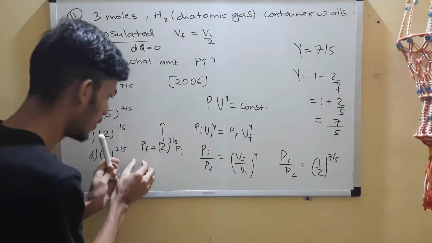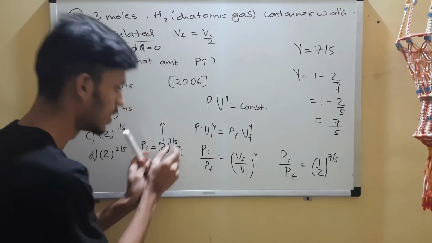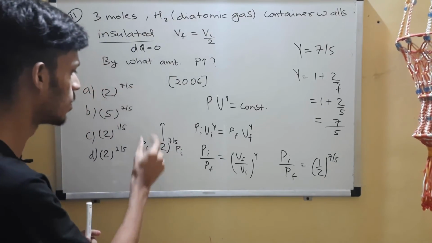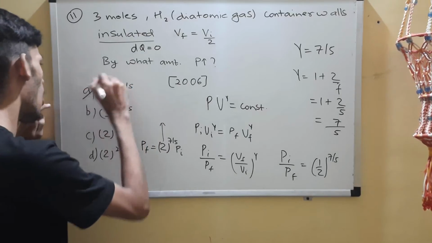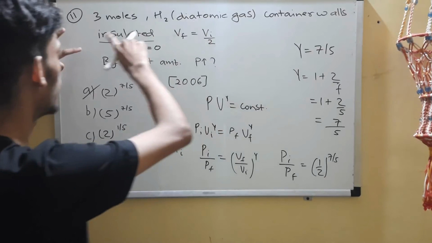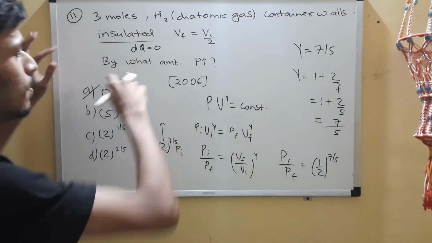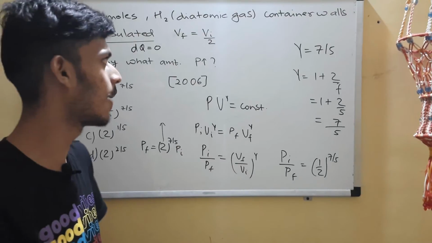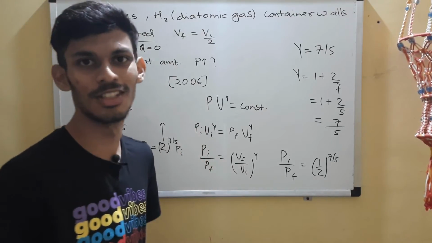Final pressure is this much times the initial pressure, so it has increased by 2 to the power 7 by 5. Option A is the correct choice. The only hidden thing was that walls are insulated means the process is adiabatic, and you have to use this approach. I hope that is clear. Let's move to the next question now.